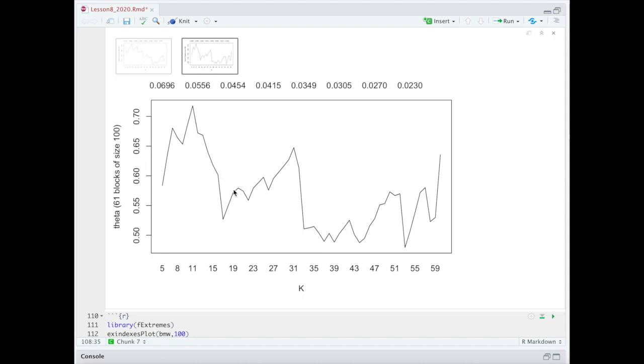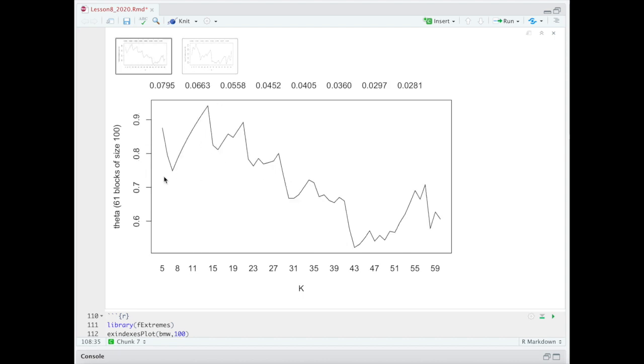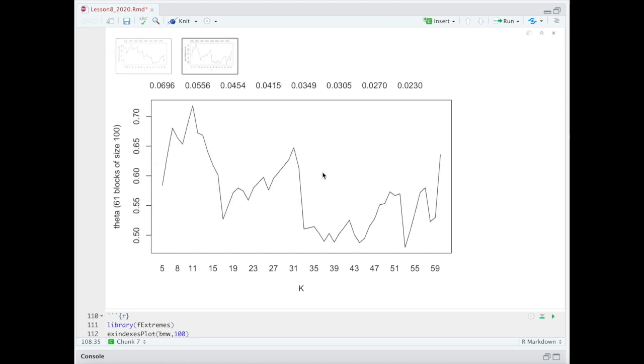In principle, you could look for the value for which the plot stabilizes, but if you take the average, typically you are okay. What we get is a value of probably 0.7 for the returns, and a value of around 0.6 for the losses.